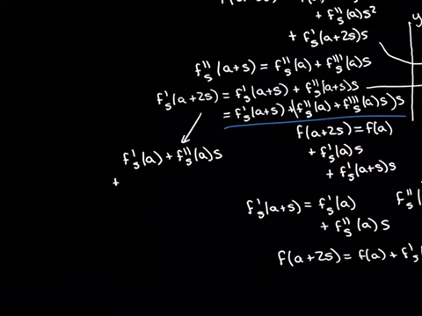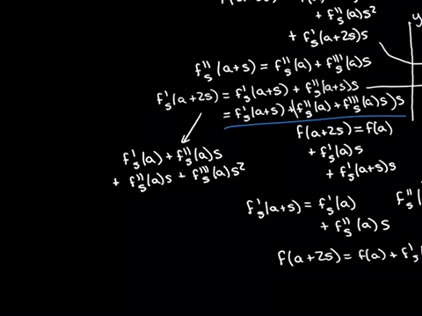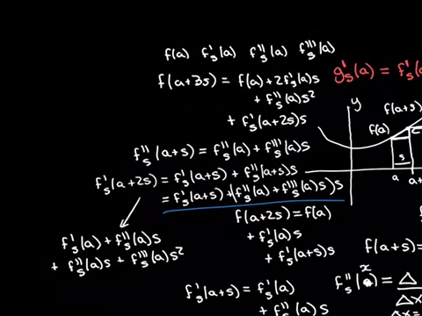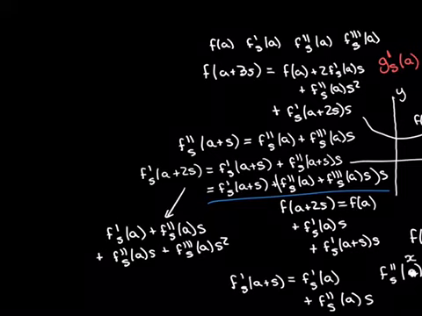So it's going to be plus the second derivative evaluated at a times s plus the third derivative evaluated at a times s squared. So that is the value of the first derivative now at a plus 2s. So we now just need to, I hope, substitute this in here. And this is the point that we hope to God that it's worked.